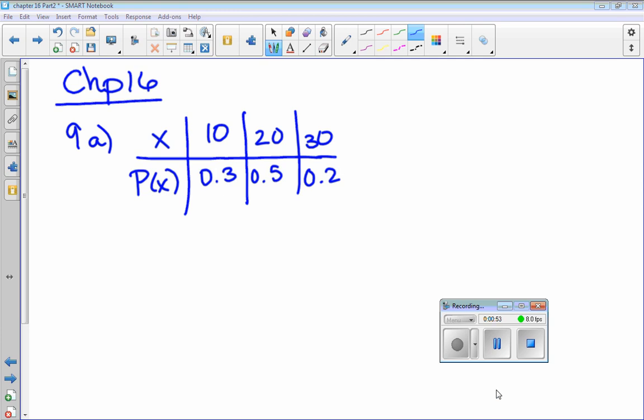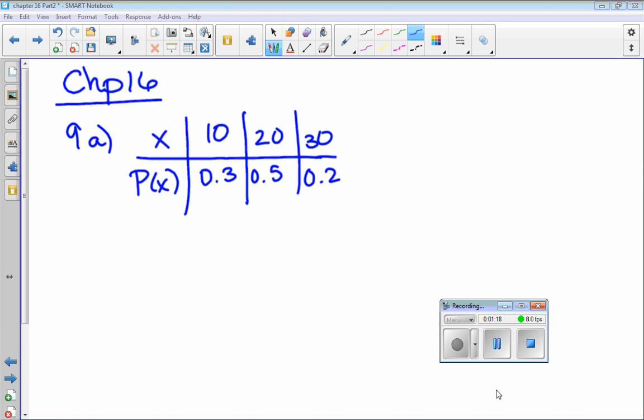So all you have to do is go to your list, stat edit. Clear out anything that's in there, and we'll plug in our random variables 10, 20, and 30 into list 1. The probability of those goes into list 2. Once you've got the data entered, where do we go?